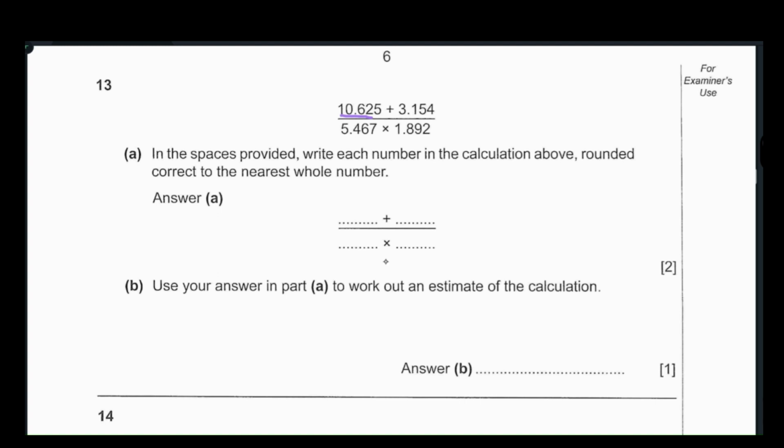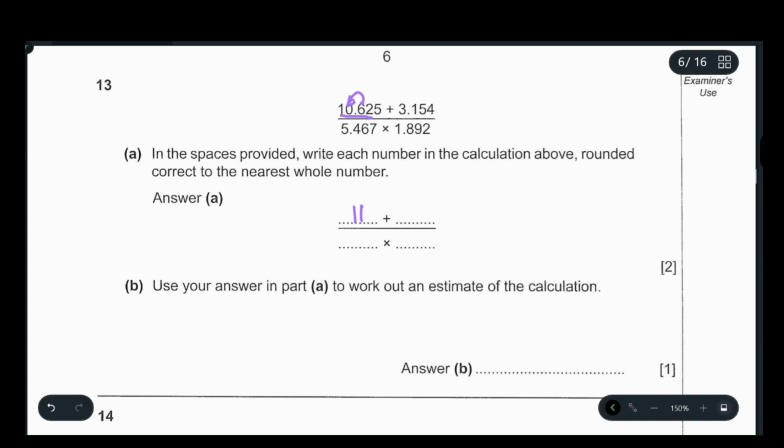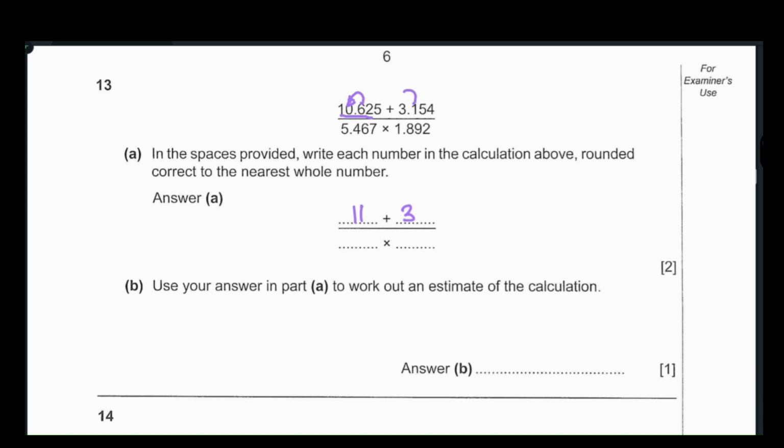So in that case, 10.625, we round up, that becomes 11. 3.15. Well, we're interested in having a whole number, so we just have 3, because 1 cannot round off unless it was 5.